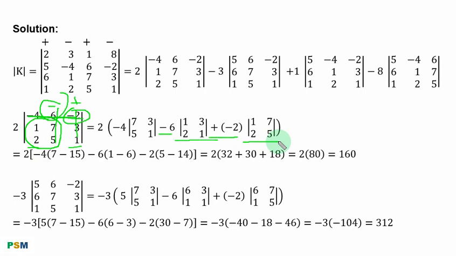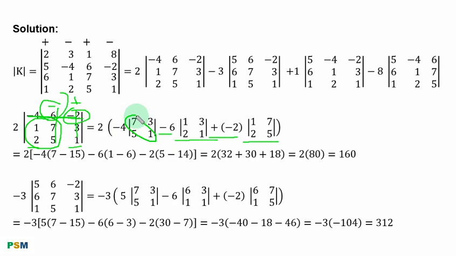Now you evaluate the determinant for the 2 by 2 minor matrices. The determinant is simply the difference of the product of the two diagonals, where you start with the main diagonal.